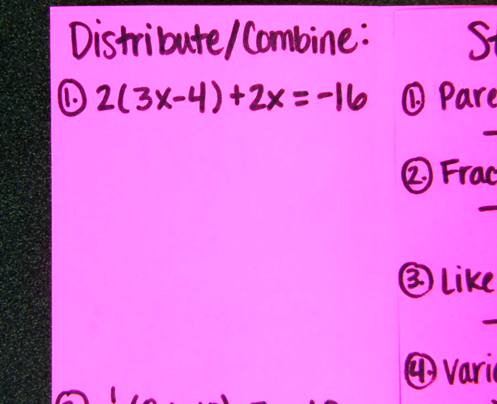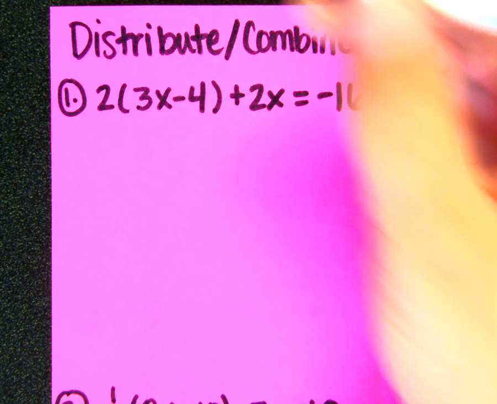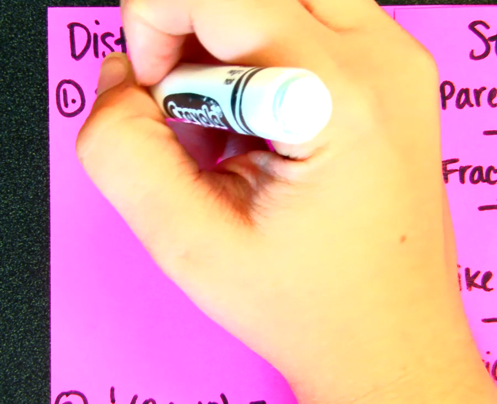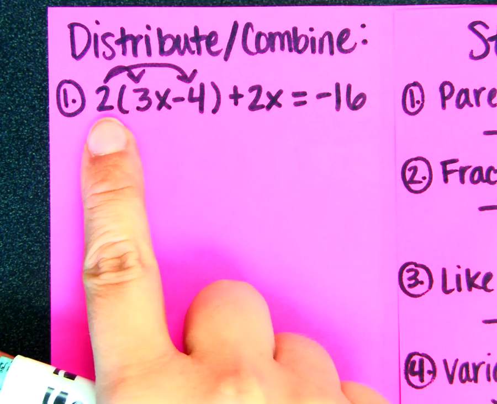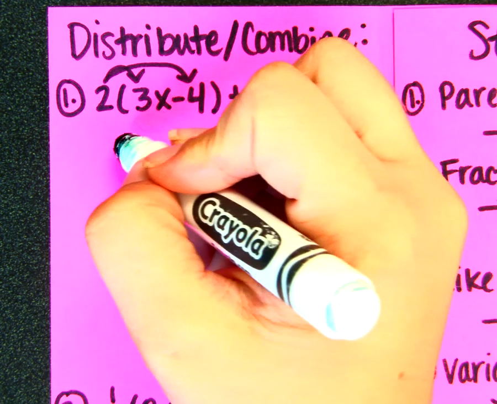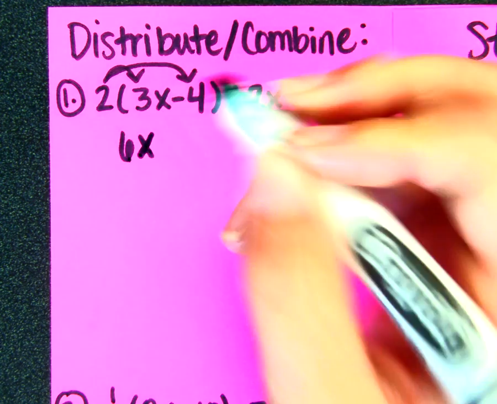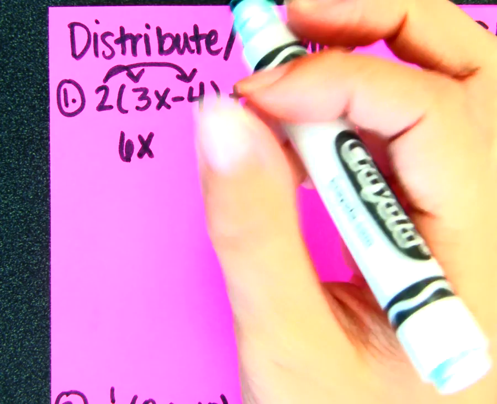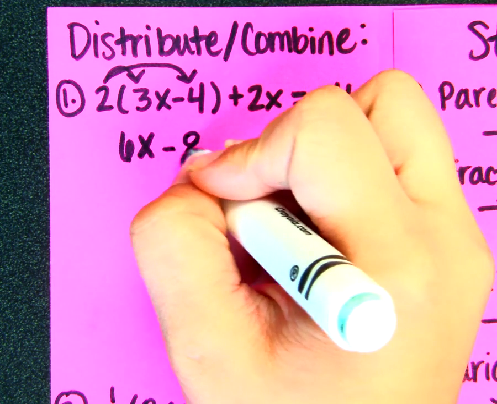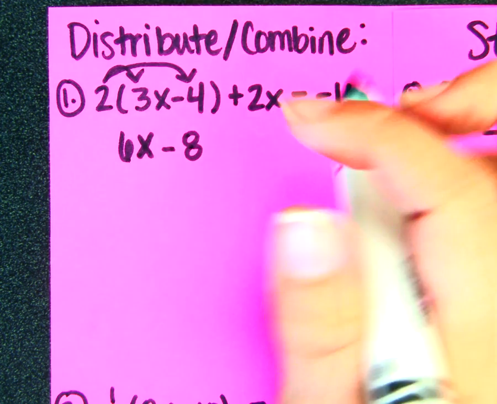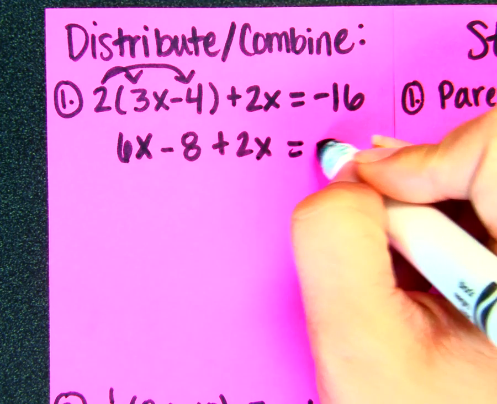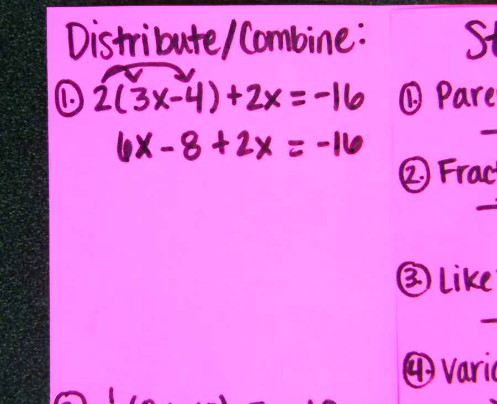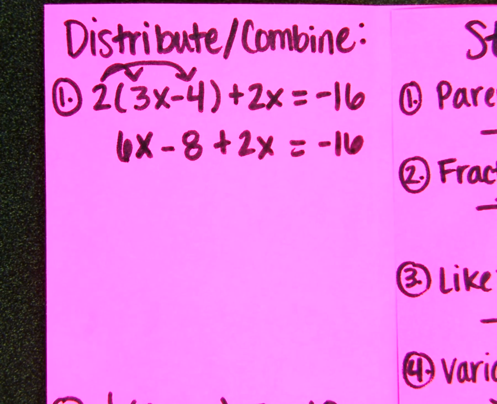So you have to distribute to get rid of your parentheses. Now remember, when you distribute, you are multiplying. So what is 2 times 3? You get 6x. 2 times negative 4 is negative 8. And then you just bring down the 2x equals negative 16. Remember, when you distribute, you're getting rid of your parentheses.